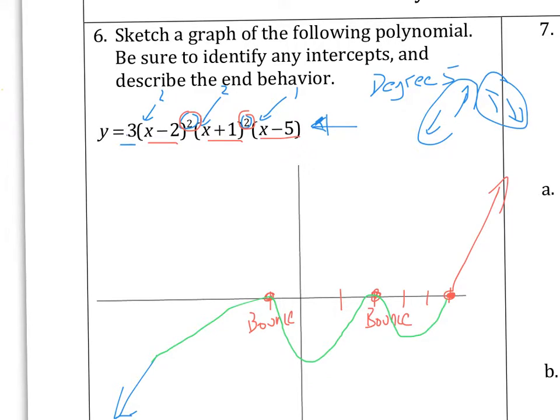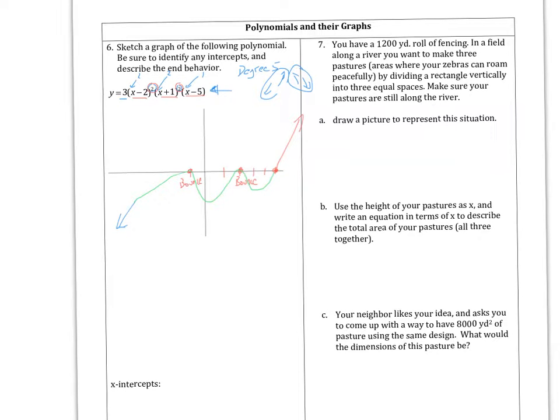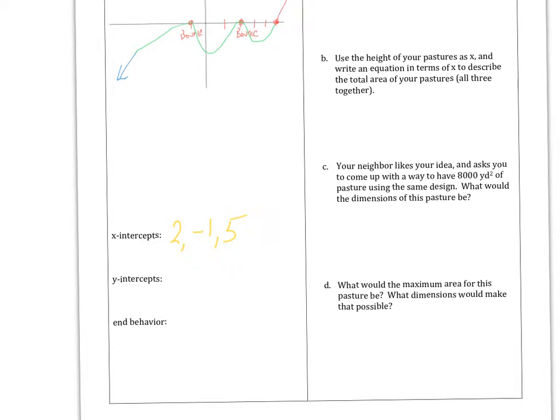The other pieces that I might need from this, because I know I need to identify the x-intercepts, which are at 2, -1, and 5. We talked about the end behavior. This one is going to rise to the right, and it's going to fall to the left.